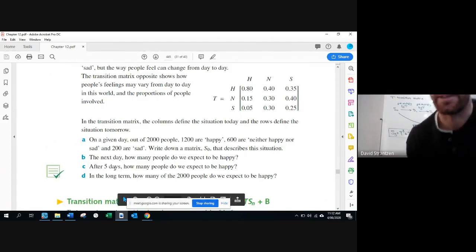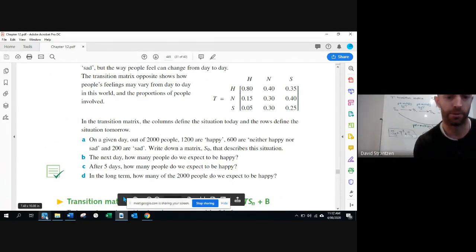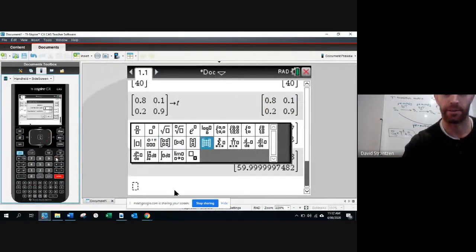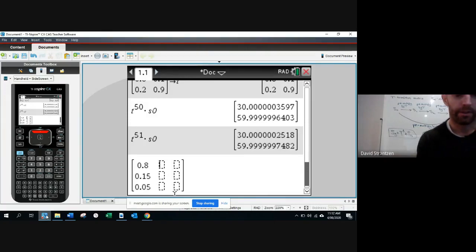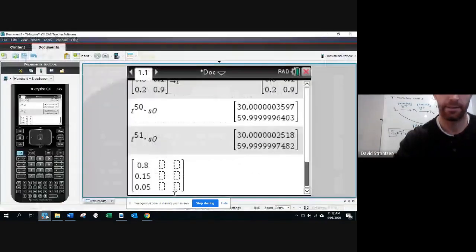And I'm going to do this on the calculator. So I'm going to store my transition matrix first of all. So 0.8, 0.15, and this is a 3x3 matrix, 0.8, 0.15, and 0.05. Then we'll have 0.4, 0.3, 0.3.